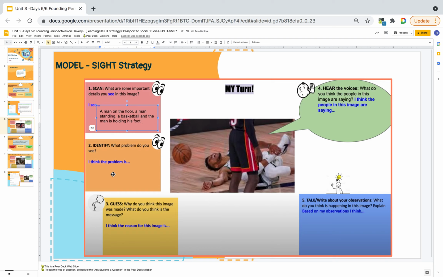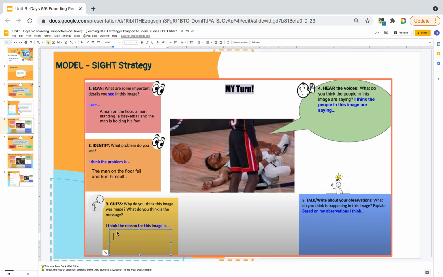Next, we want to identify what the problem or the situation is. So what problem do you see? I think the problem is the man on the floor fell and hurt himself. Then we want to be able to think about why this image was made, or why was it taken?